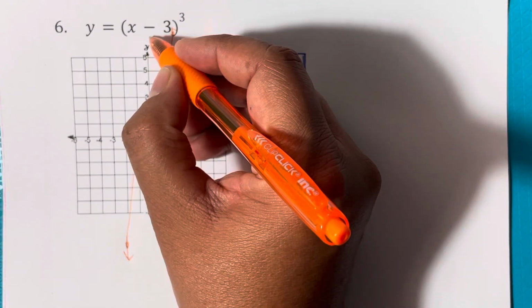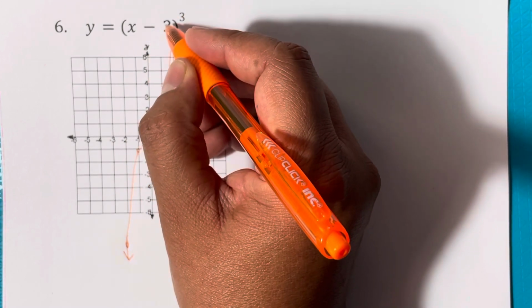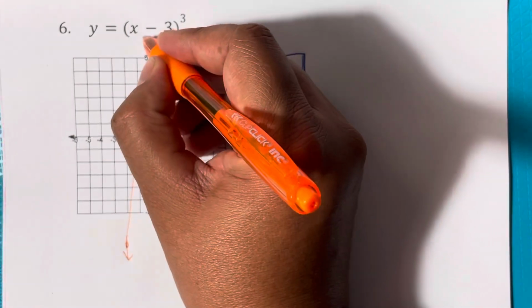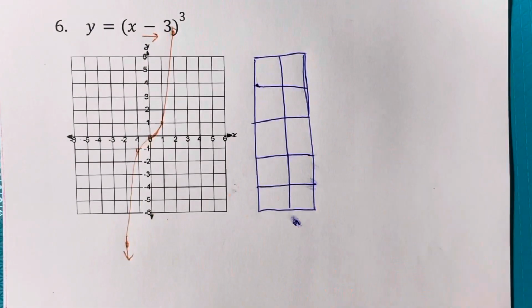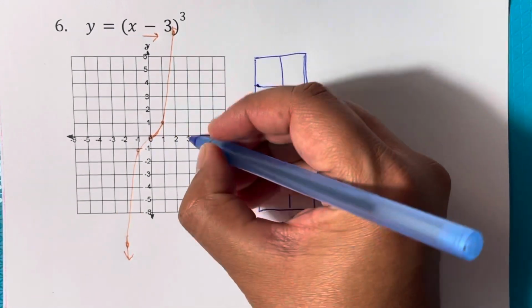It moves 3 spaces, but not to the negatives. When you're subtracting, it goes the opposite. Only if it's inside, it goes opposite. So it's going to go to the right. So my new graph should be 3 spaces to the right, right here.